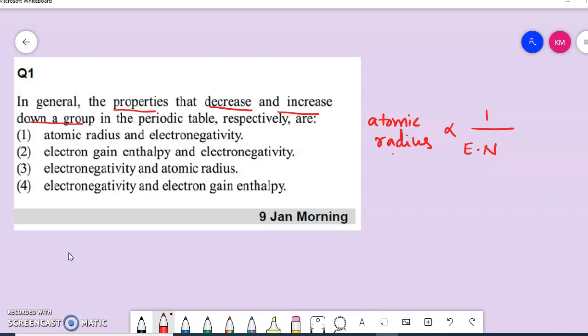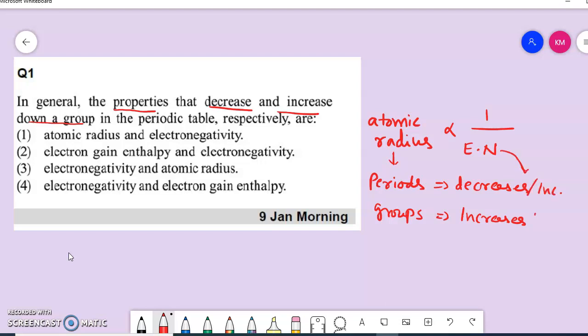In periods, from left to right, atomic radius decreases, whereas in groups from top to bottom atomic radius increases, right? Now electronegativity, obviously, in periods increases, and in groups it decreases, right?